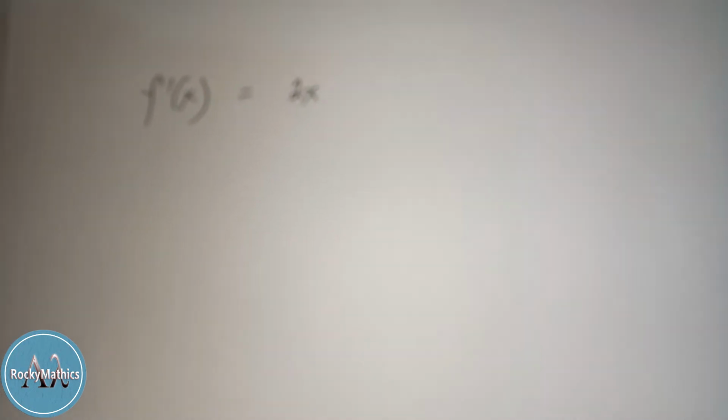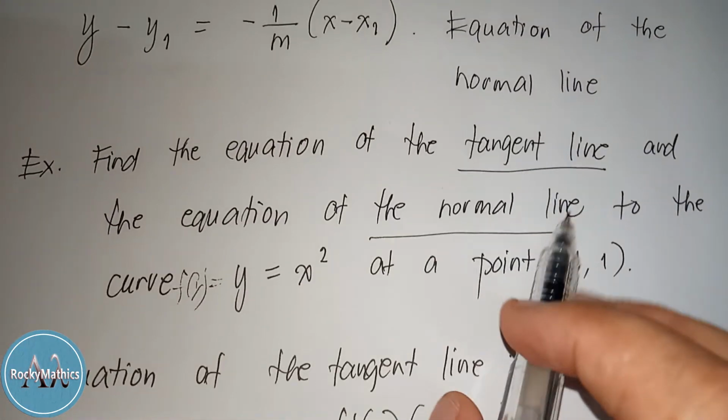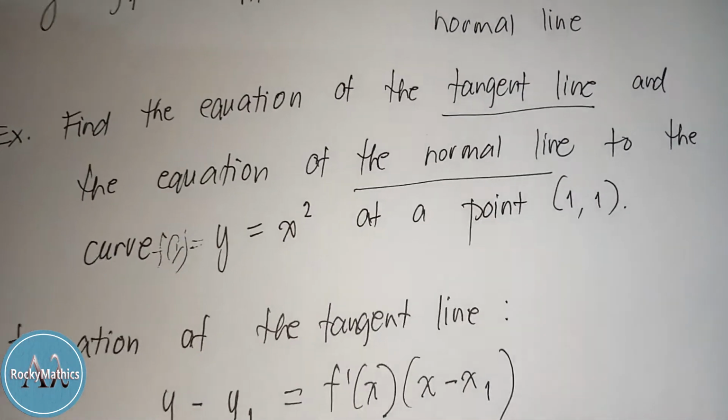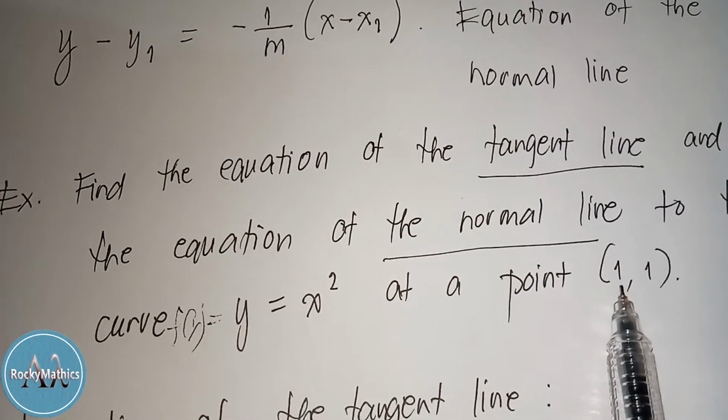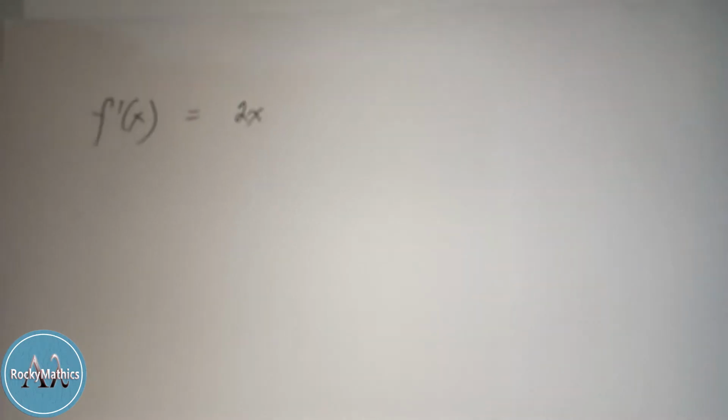Now let's go back to the problem. The problem states that we need to find the equation of the tangent line at the point (1, 1). So all we have to do is substitute the value of x to the derivative that we got.